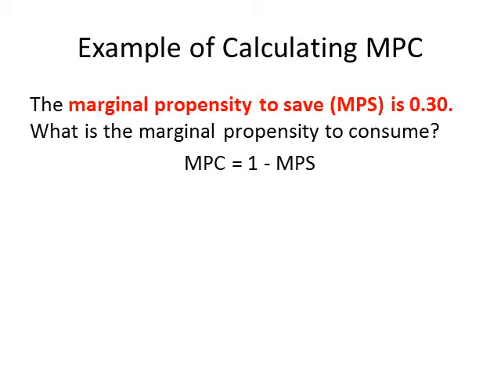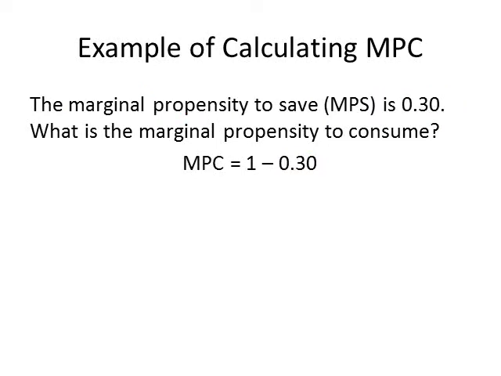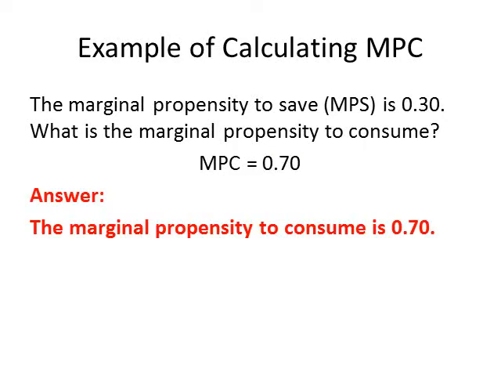Since the marginal propensity to save is 0.30, we're going to substitute in 0.30 for the marginal propensity to save. Next, we're going to subtract 0.30 from 1, leaving the MPC to be 0.70. So the answer is the marginal propensity to consume is 0.70.